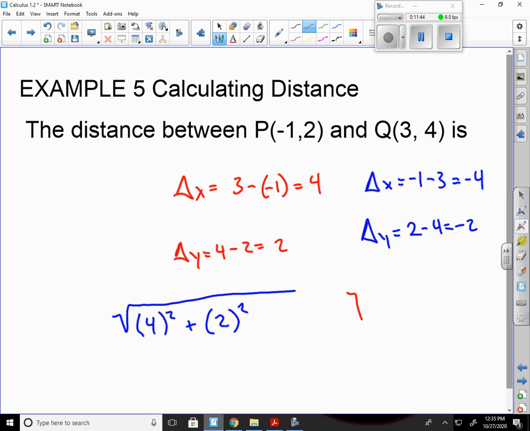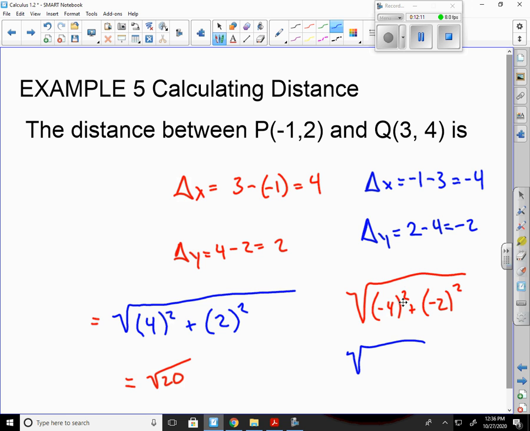Or, if we were using these ones, square root of -4 squared plus -2 squared. 4 squared is 16, 2 squared is 4, 16 plus 4 is 20. Over here, if I take the negative and square it, it gives me a positive anyways. So it's still 16 plus 4, which is the square root of 20.